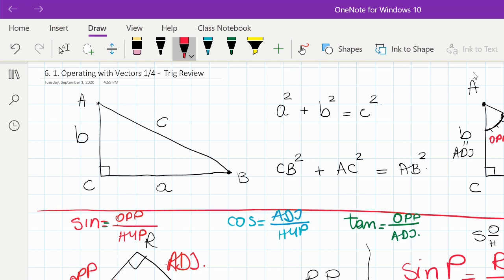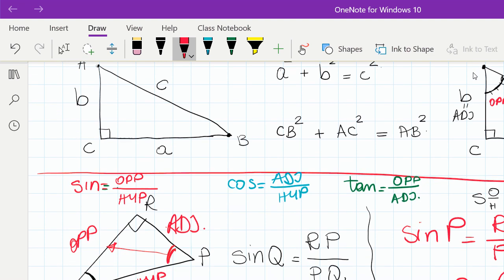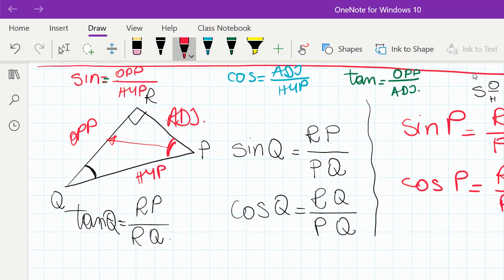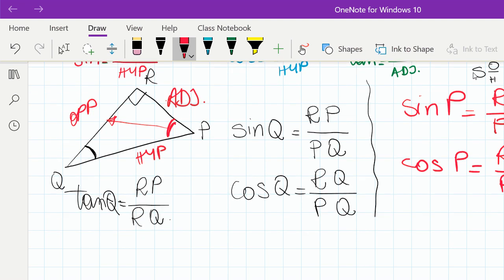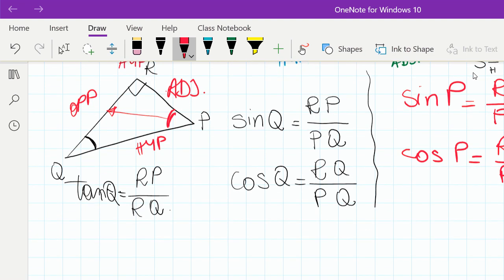So always when you are finding the trig ratios, what you have to do is first identify the opposite and adjacent of that angle, and then figure out the length of the line segments, opposite and adjacent and or hypotenuse, and then using SOHCAHTOA find the sine of the angle.